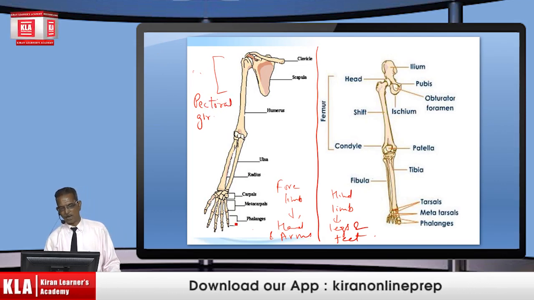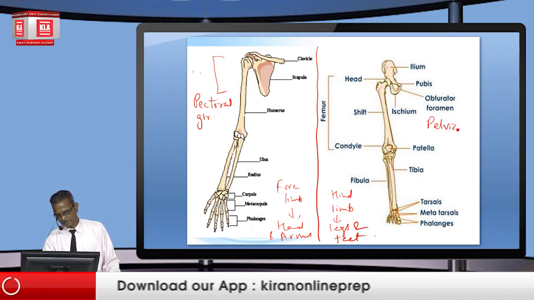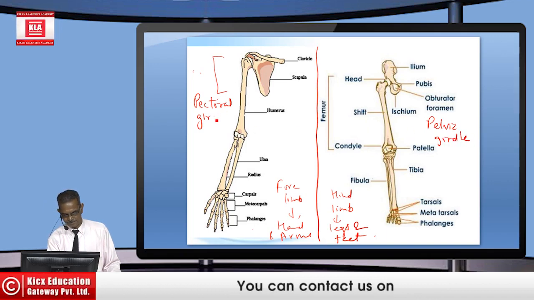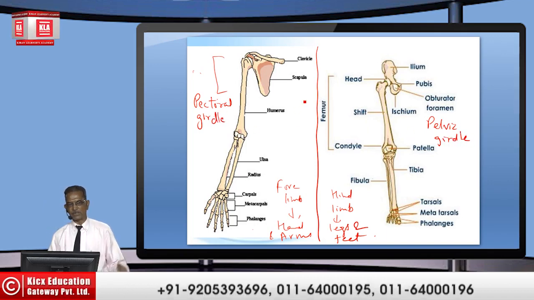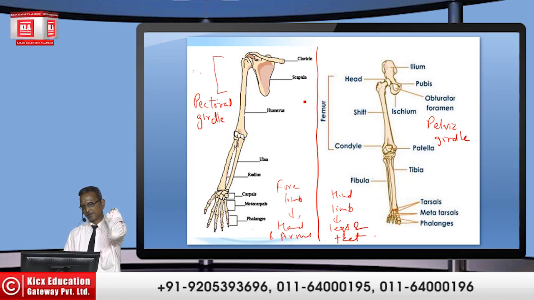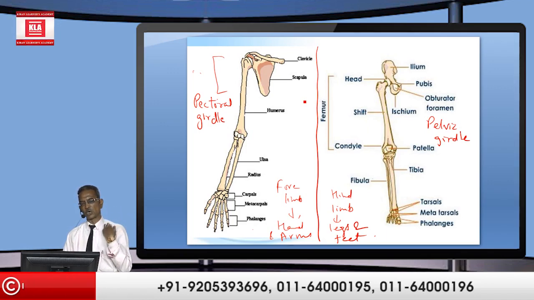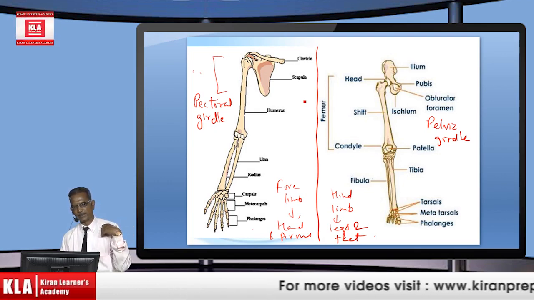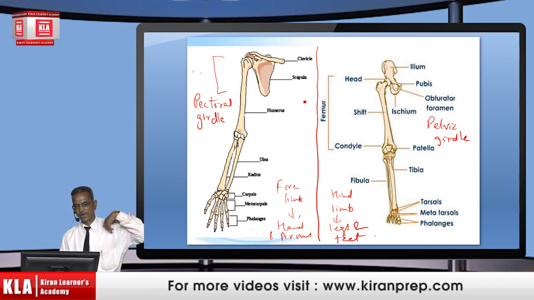Whereas the one for the hind limb is the pelvic girdle. The pectoral girdle includes the shoulder blade here, followed by this collarbone that we call the clavicle, and the shoulder joint.